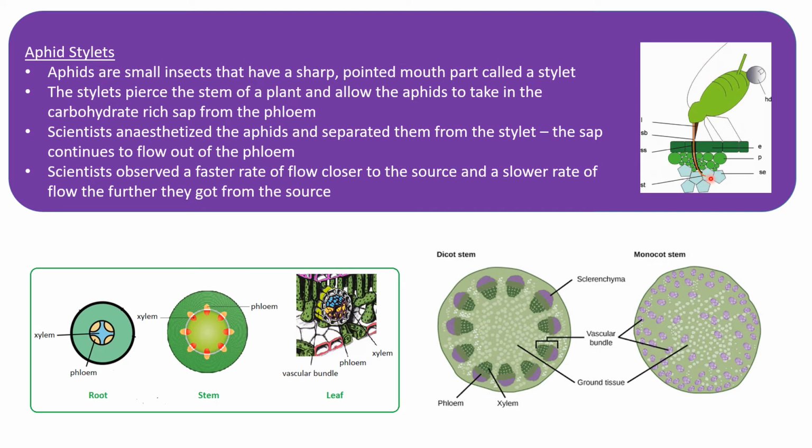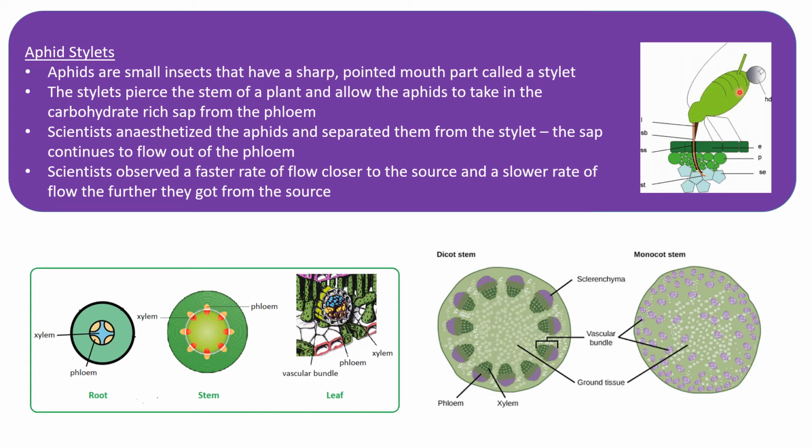Once that stylet moves into the phloem, as a result of the pressure, the contents of the phloem can move into the stylet and the aphid can take in all of the sucrose that's within the phloem. We refer to the water with the solutes in the phloem as cell sap. So that sap can then move into the aphid. That's got quite a high sugar content, so it can be broken down and used to produce energy within the aphid.